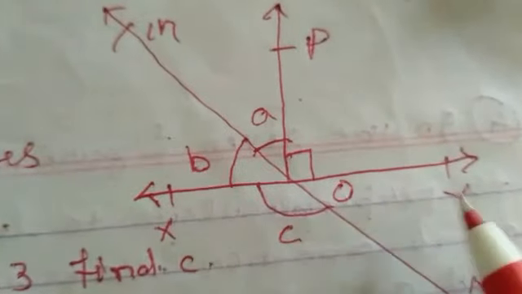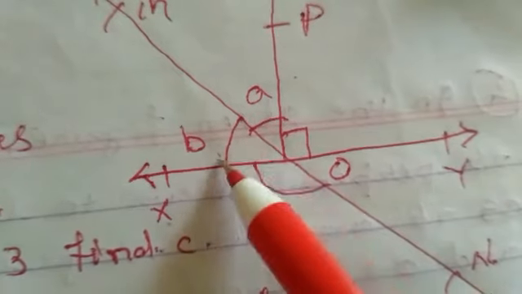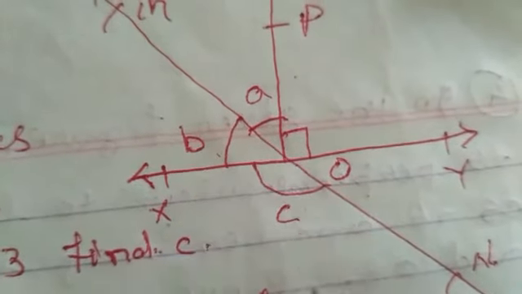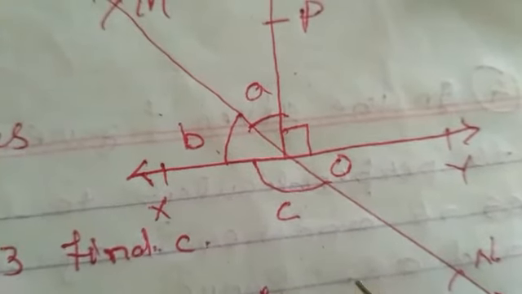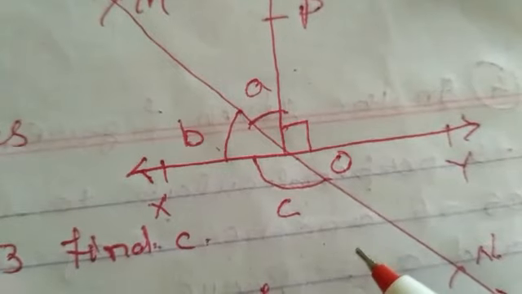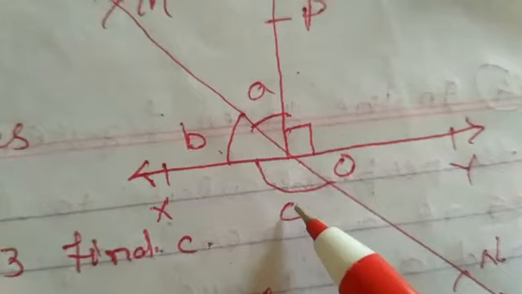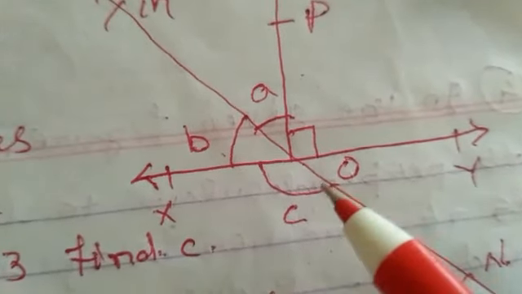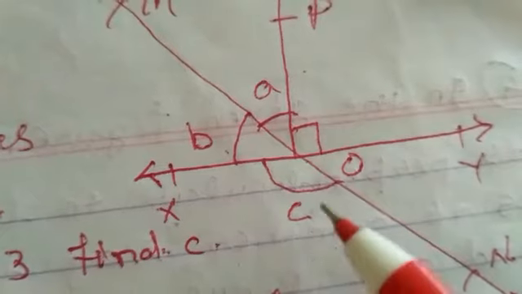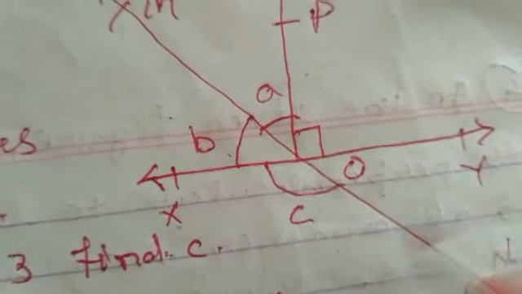And there is another line MN that intersects the line XY at O and makes two angles A and B in the ratio of 2 to 3, and there is an angle C. So now the question is to find the measurement of this angle C. This is the figure. First of all, you should understand the figure so that you can solve the questions easily.